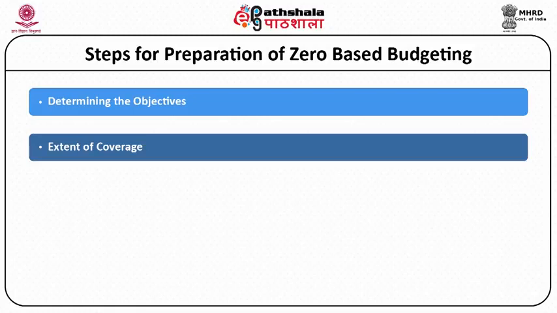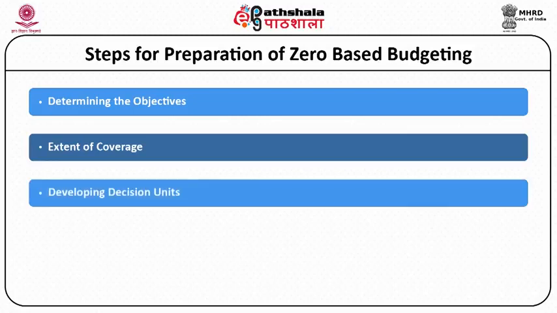Based upon the budget need in terms of cost-benefit analysis, the next step is to identify the extent of coverage of zero-based budgeting, which is related to identify those areas where there is need to determine the implementation of zero-based budgeting. After deciding the extent of coverage, the third step is to develop the decision units.